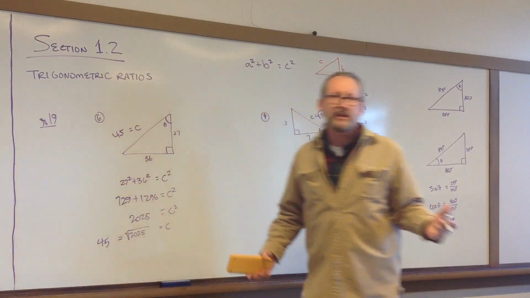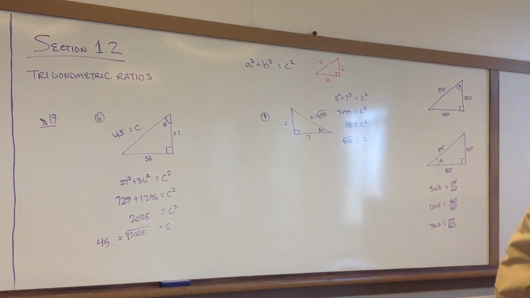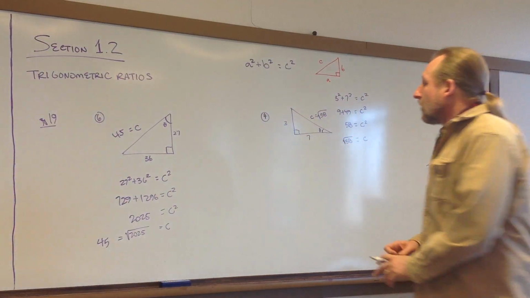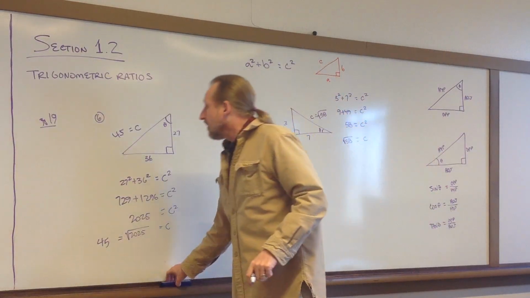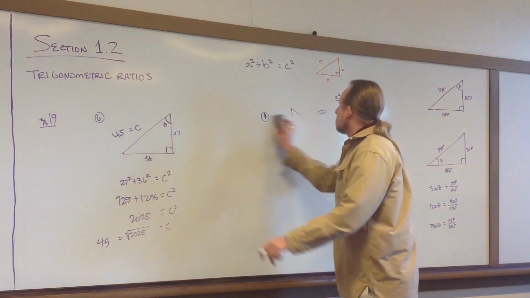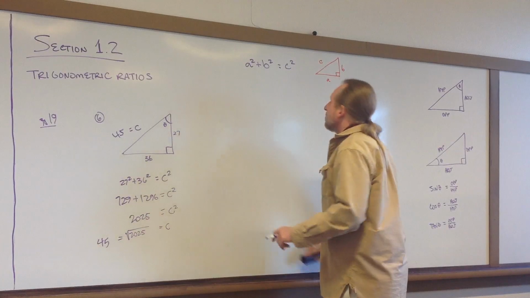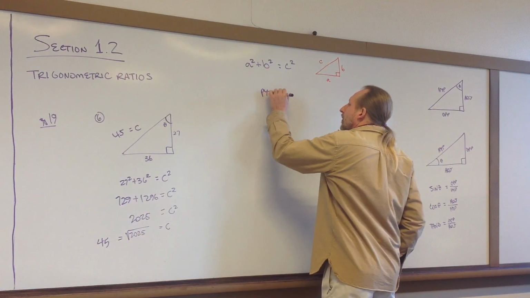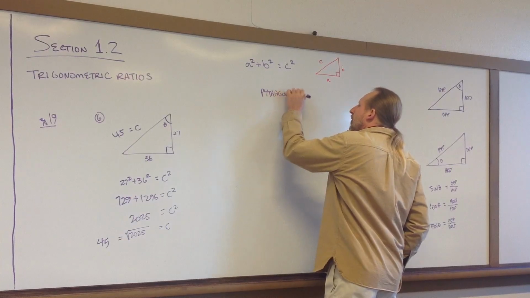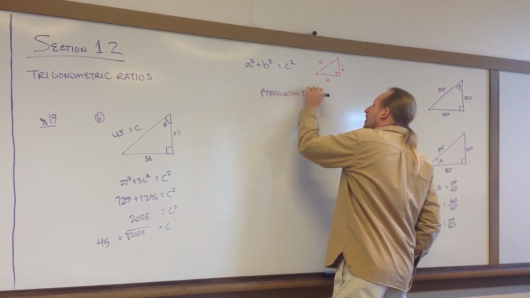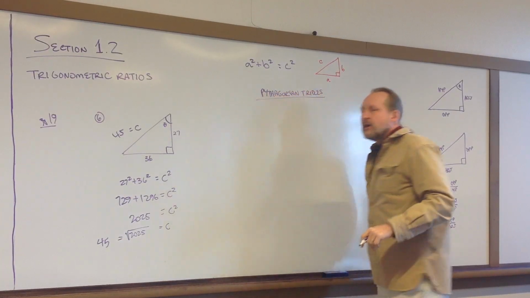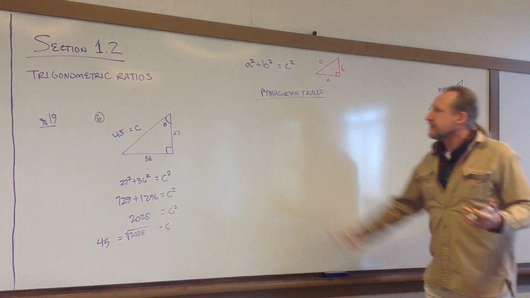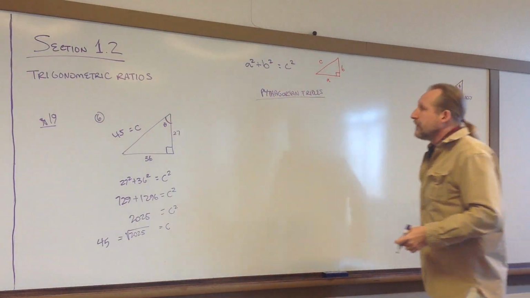Now the question is, how did I know that without really doing any calculations? So let's take a break here in the middle of problem 6, and let me talk to you about something called Pythagorean triples. These are groups of whole numbers that satisfy the Pythagorean theorem.